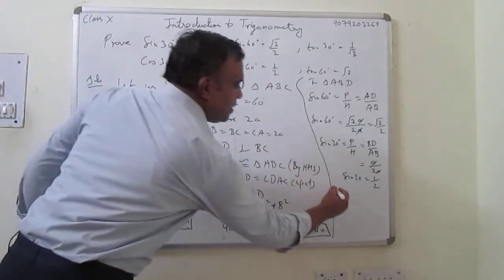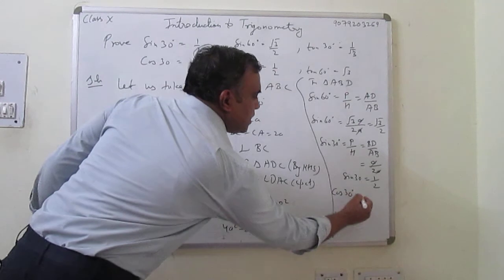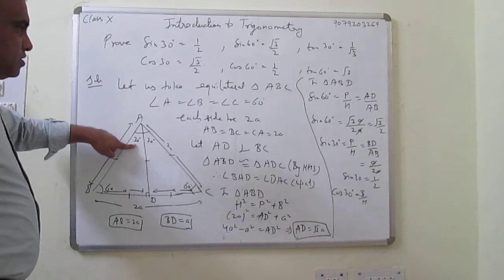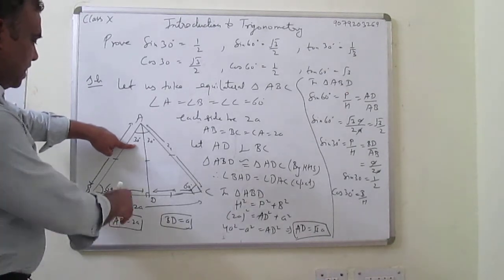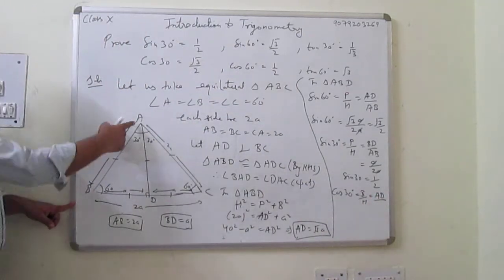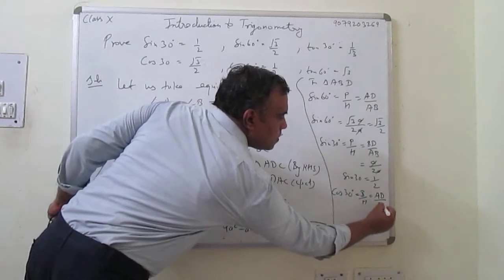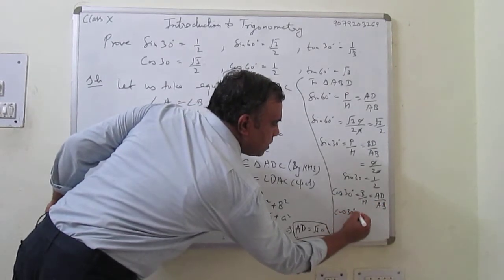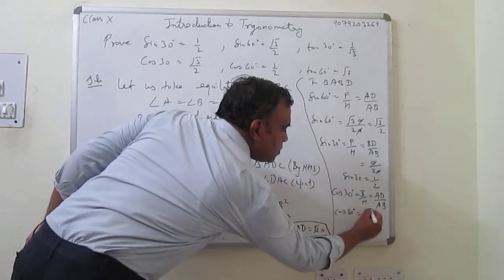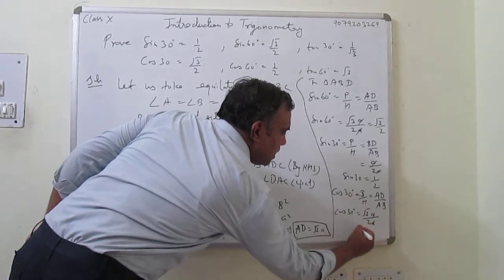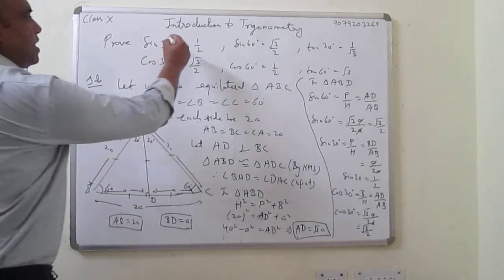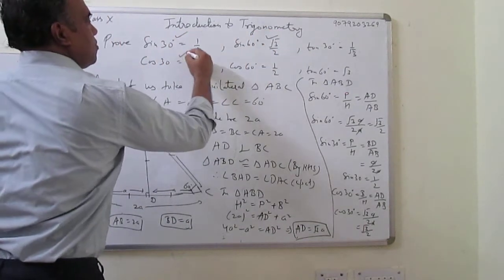Now I will calculate cos 30, that is base upon hypotenuse. For 30 degrees, the base is AD and the hypotenuse is AB. So cos 30 is equal to AD, root 3 A, upon AB, 2A. A is cancelled out, so this is root 3 upon 2.